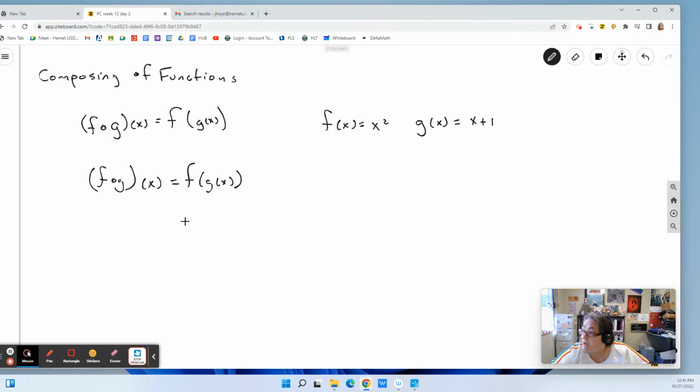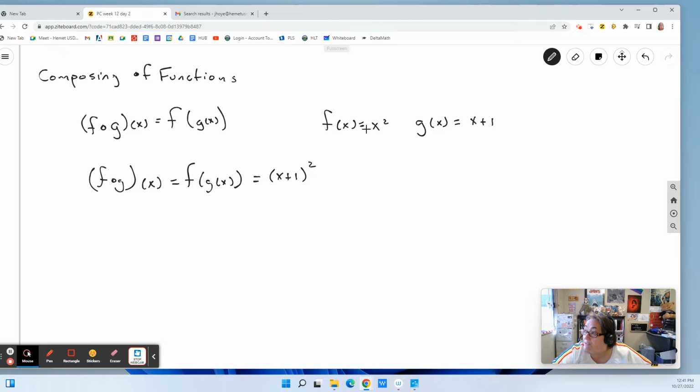So in this case, my f of x is x squared, right? So wherever I have the x, I'm going to plug in what g of x is. So this is going to be x plus 1 that I'm plugging in for x.